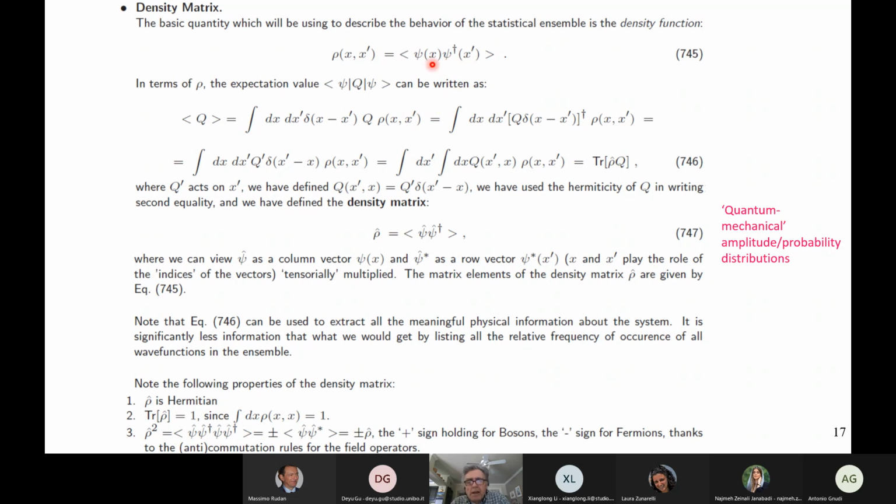It's an ensemble average of a collection of systems that tells me, in the diagonal terms k equals k prime, what is the probability of finding the system in that particular eigenstate of the Hamiltonian. And the off-diagonal elements, k and k prime, tell me about the amplitude of the system being in a linear superposition of two states, k and k prime.